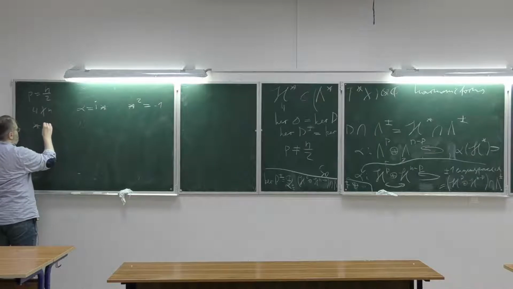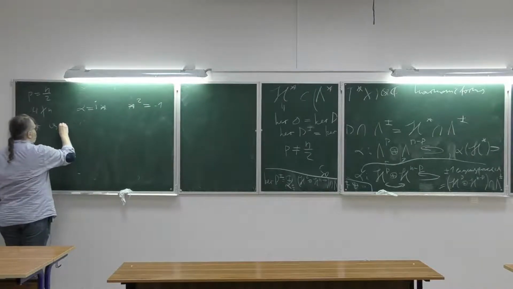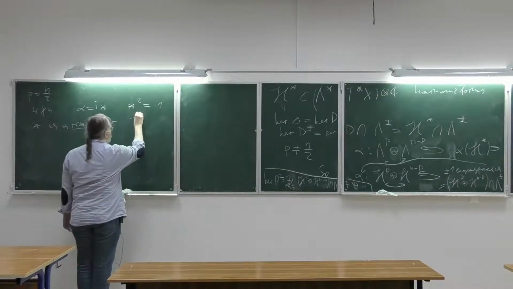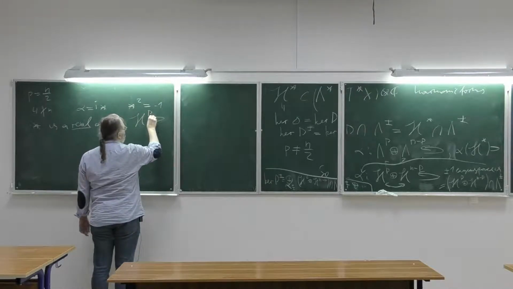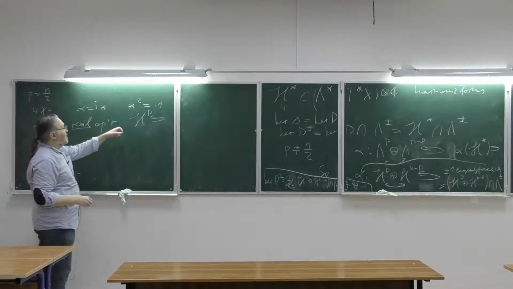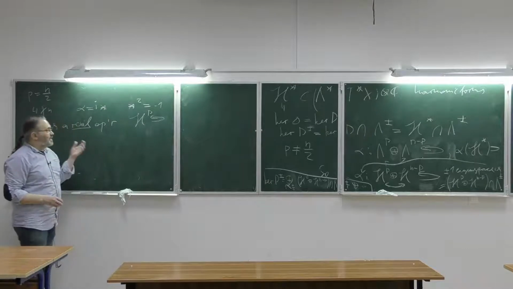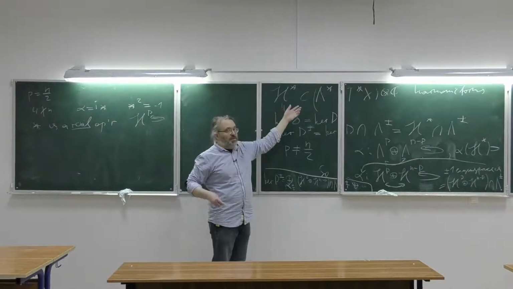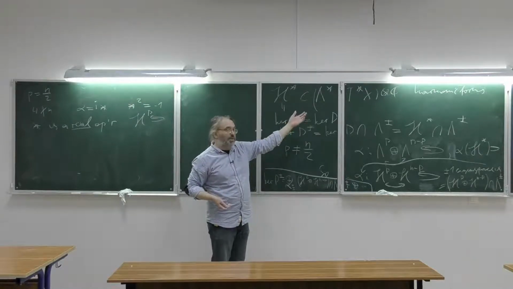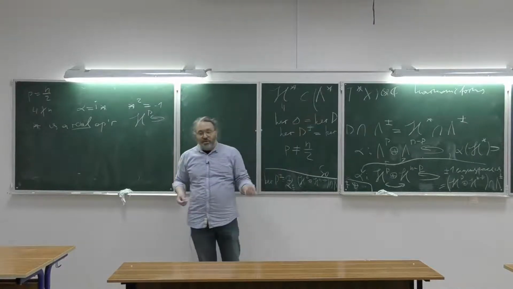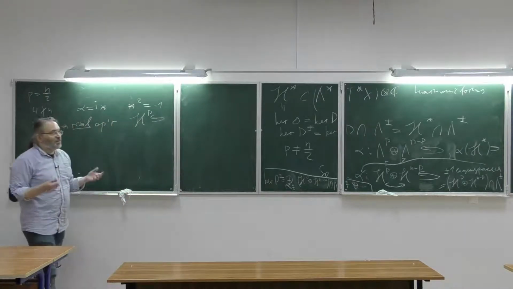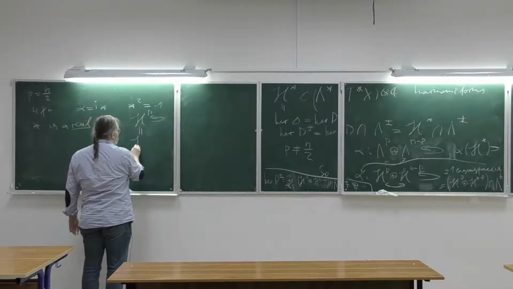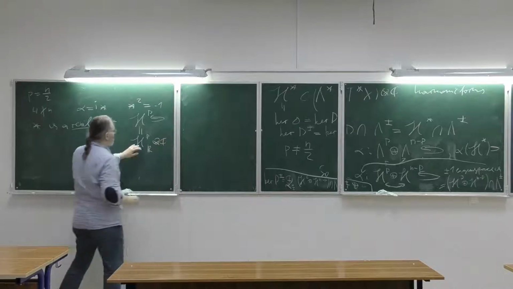Now, star is a real operator, which basically means we have harmonic forms, but since the bundle is the complexification of the real cotangent bundle, the space of harmonic forms is the space of real harmonic forms tensor C. So the space HP is the same as HPR tensor C. And the operator is real.